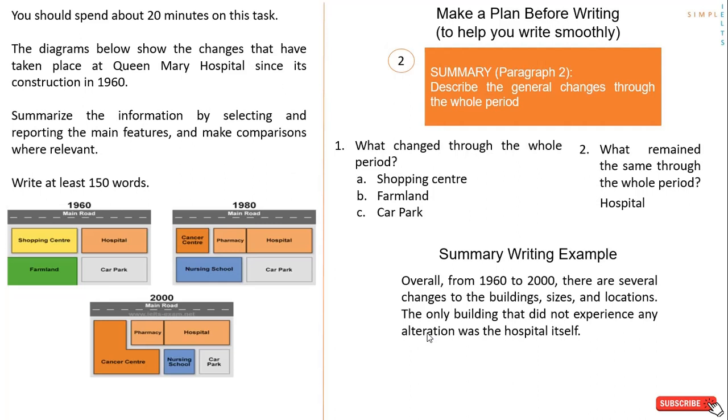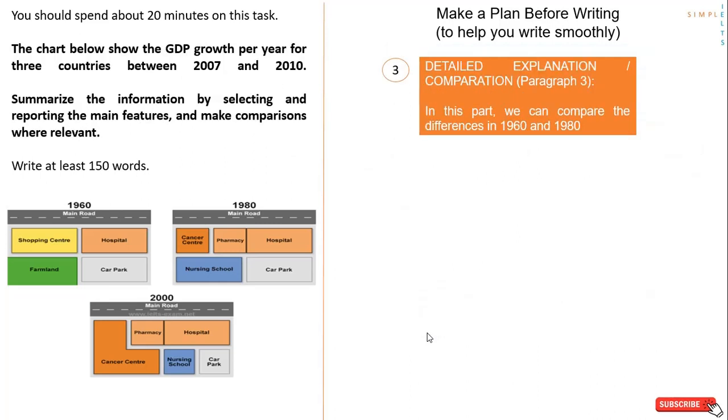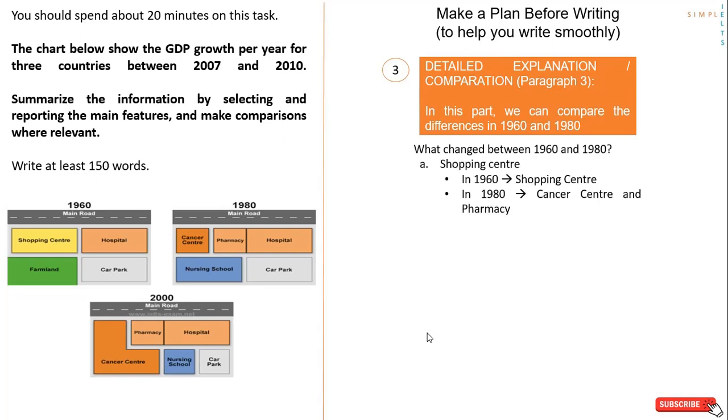Okay, so that is an explanation about how to write the summary and how to make a plan for the summary part. Now we talk about paragraph 3, where we explain in detail about the information and we compare the information. So in this part, we can compare the differences in 1960 and 1980. So what changed between 1960 and 1980? First, it was the shopping center.